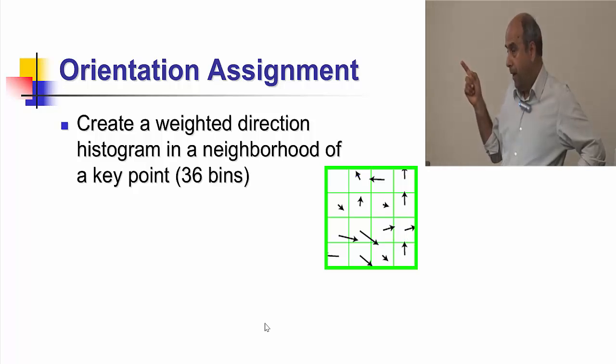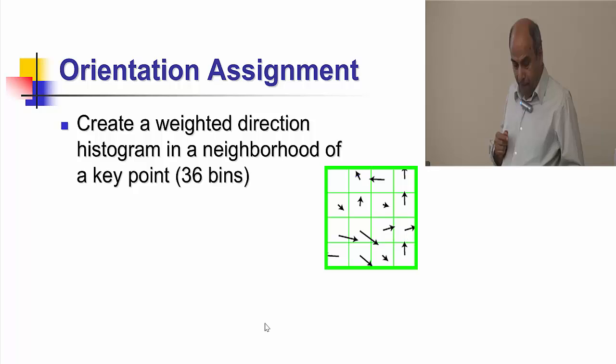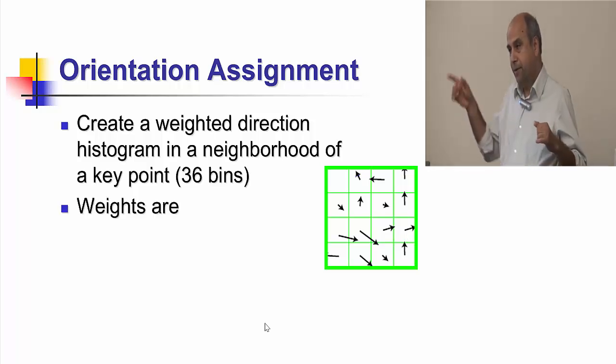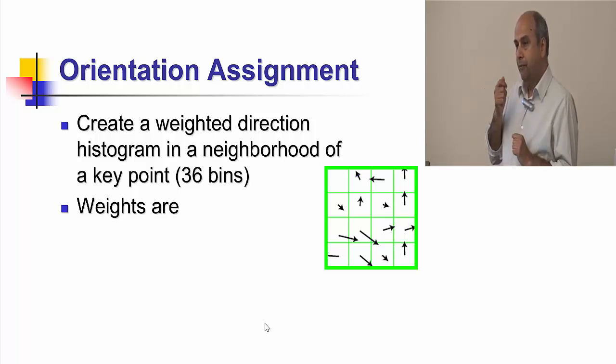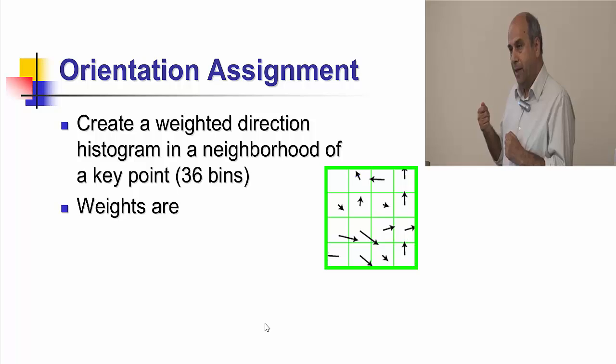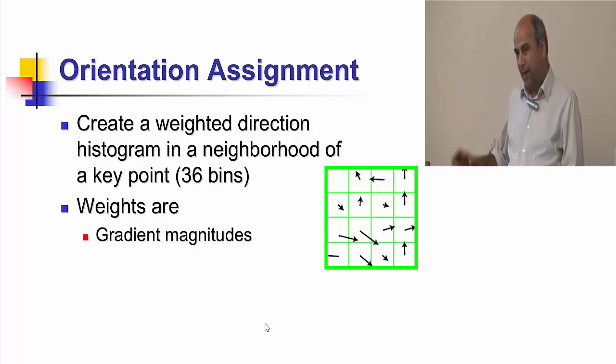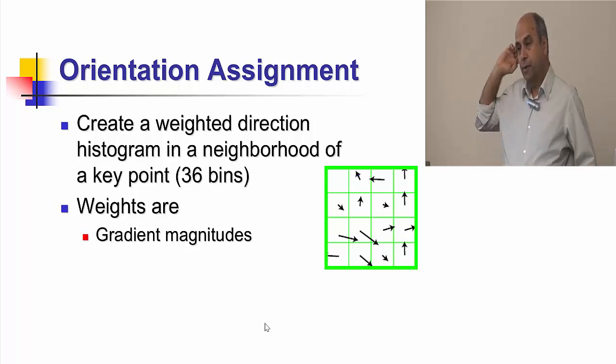Okay, and then we will have the 36-bin histogram. So there are 360 degrees, so we'll divide in 36, every 10 increment. So the count, how many are there when the angle is 10, how many are there when the angle is 50, and so on. And then we can apply weights to those bins, those counts.